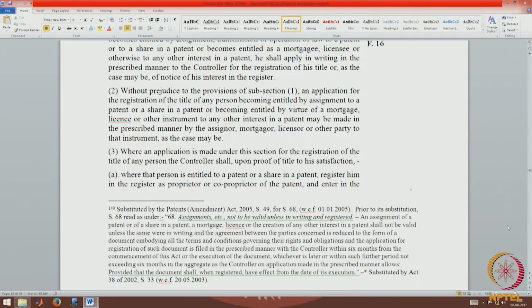Then they talk about an interest in a patent, which is by way of mortgage, license or any other instrument which conveys the interest in a patent. So, this provision tells us that the application for registration of the title should be done in the prescribed manner by the assignor or the mortgagor or the licensor as the case may be.